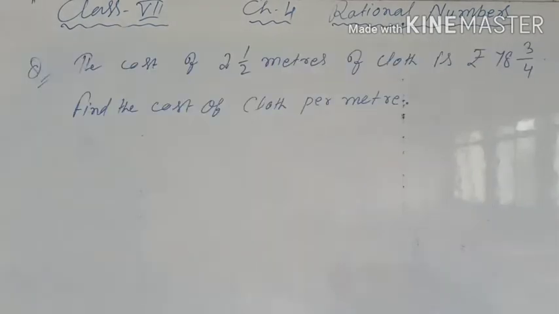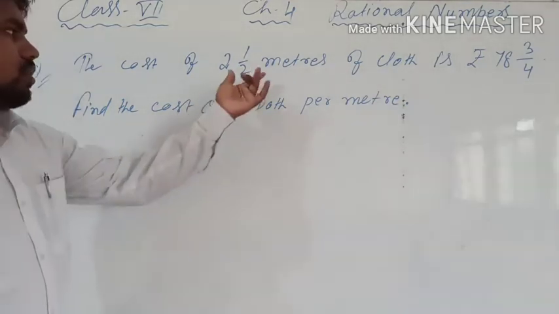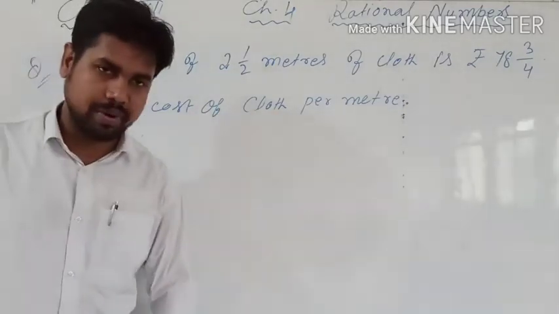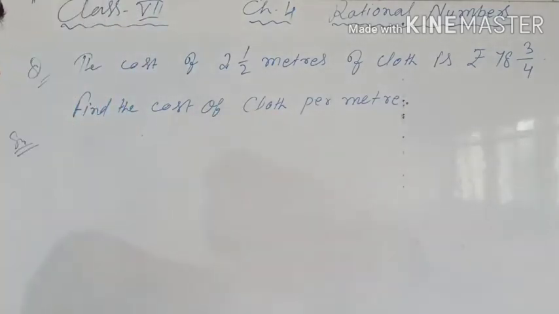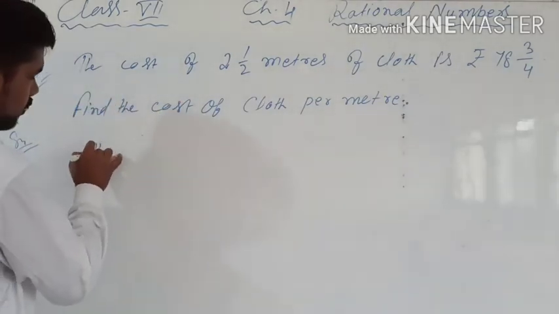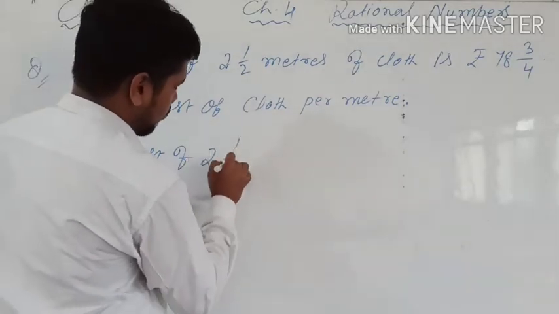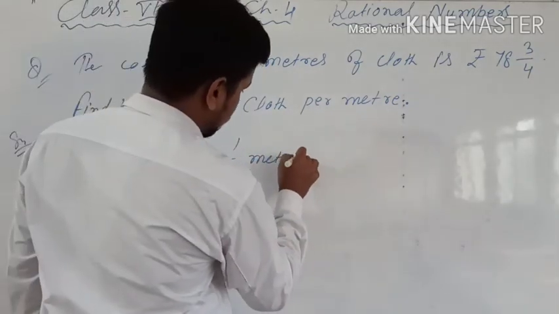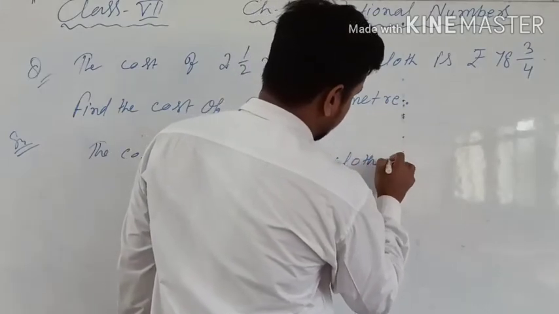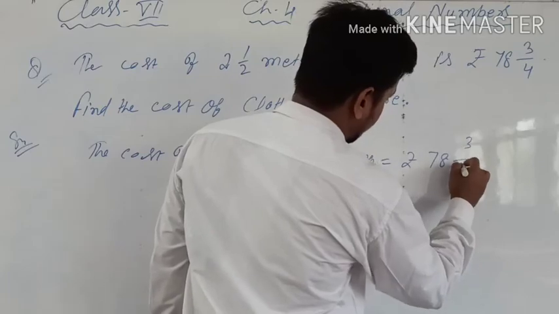Now let's discuss one word problem. This is asking about the cost: the cost of this many meters of cloth is given, and you have to find the cost of 1 meter of cloth. Per meter means 1 meter of cloth. This is very easy. So here we will write: the cost of 2 whole 1 by 2 meters of cloth is equal to rupees 78 whole 3 by 4.